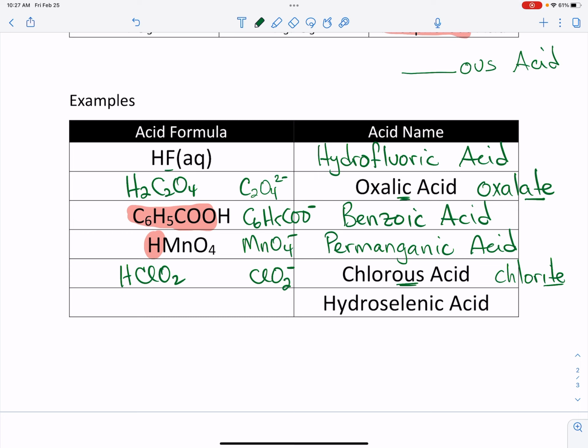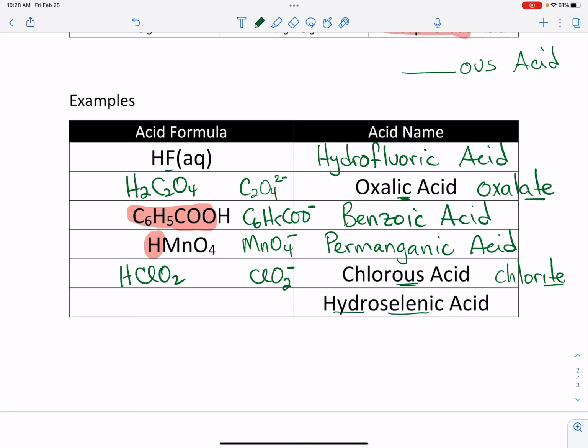One last example, hydroselenic acid. So here we see the prefix hydro again. So hydro tells me it's a binary acid, which means we have hydrogen attached to just one other element. There's no complex ion here. So selenic, well, that reminds me of selenium.